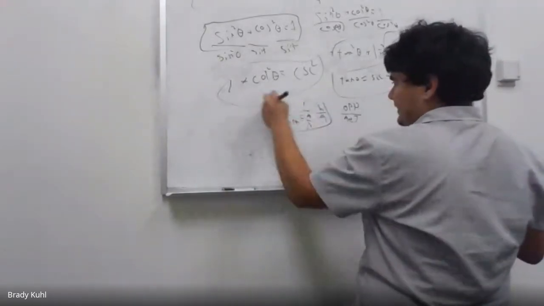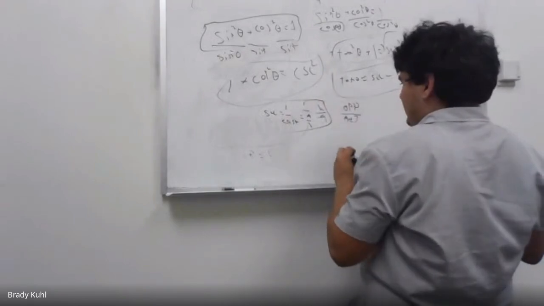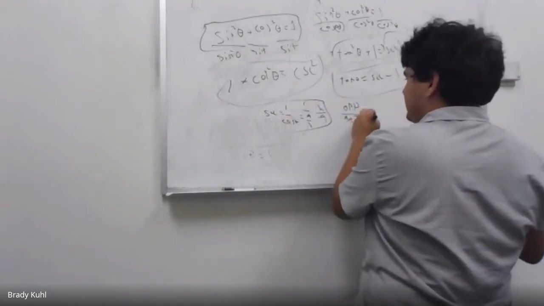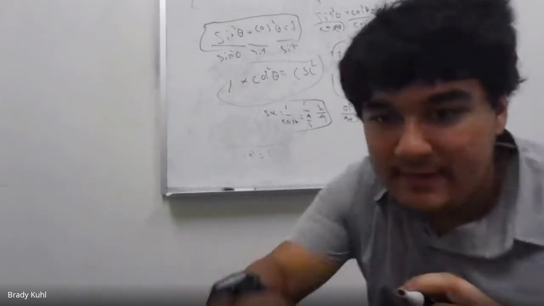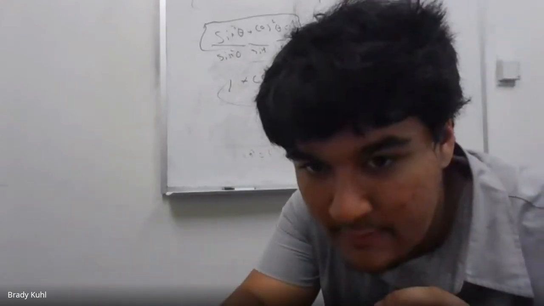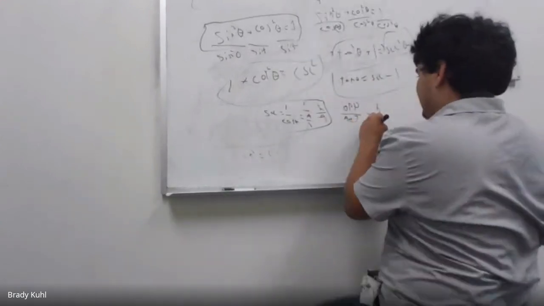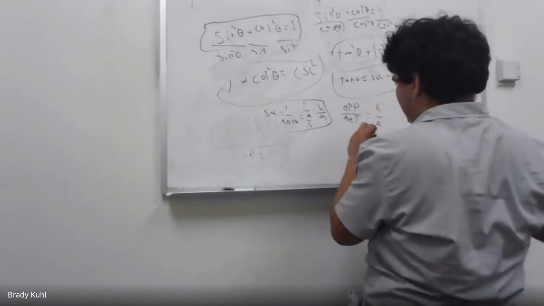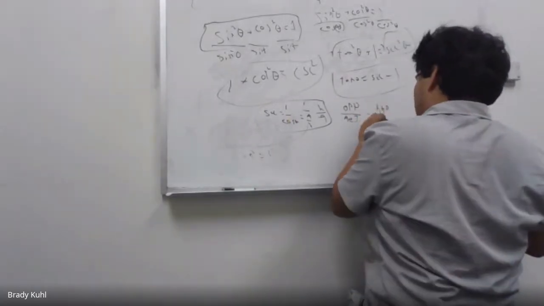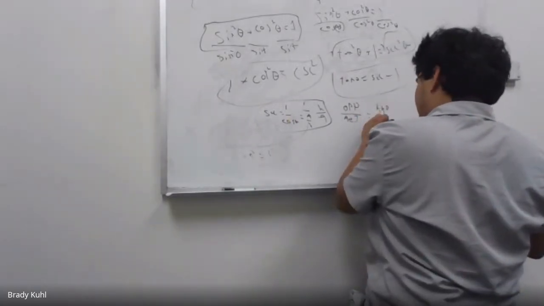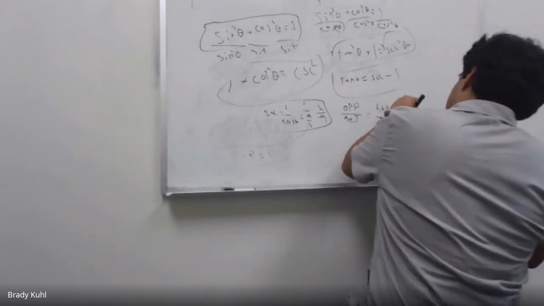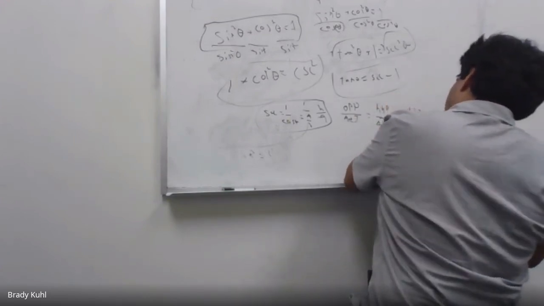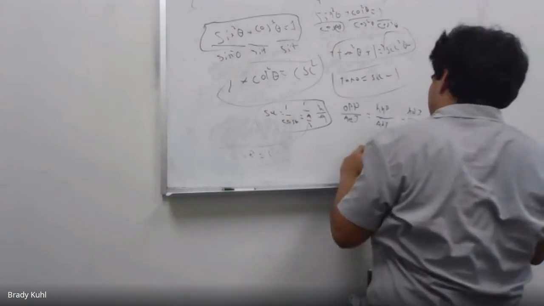Get h over a, and then you get h over a minus adj over adj.